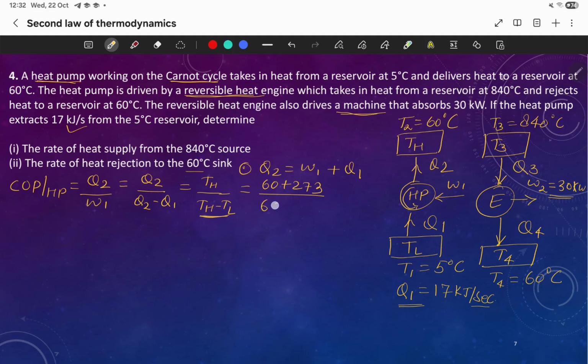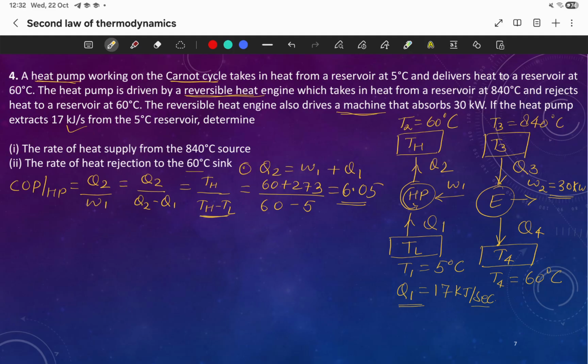So just do simply 60 minus 5. Just do this calculation, we will get 6.05. This will be the COP of heat pump.